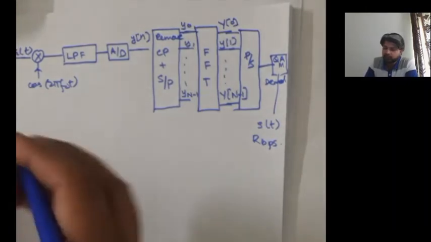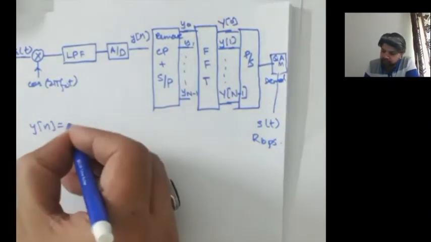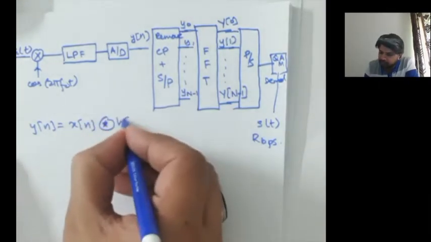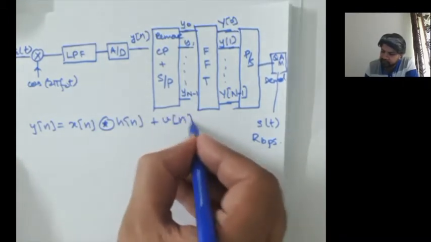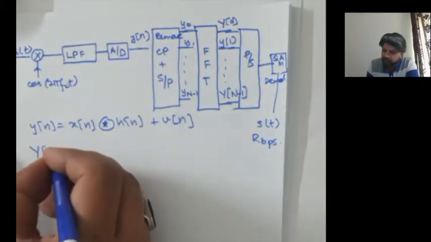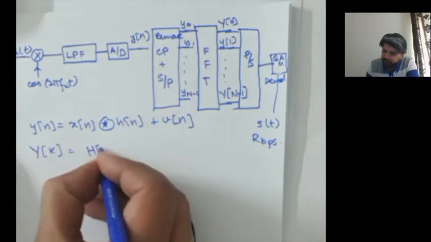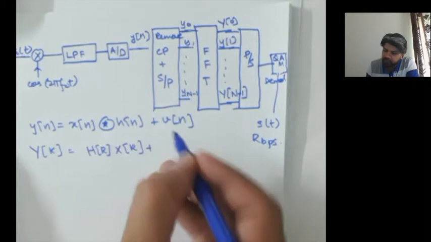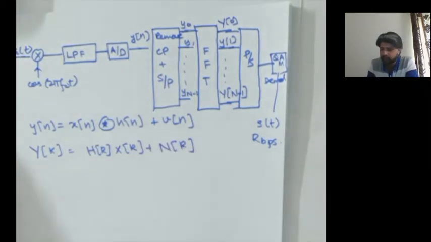So remember, you said that your y of n is nothing but x of n circularly convolved with h of n plus some noise, right? And then we said that we can equivalently write this as y of k equals h of k times x of k plus some noise, let me call it n of k, right?